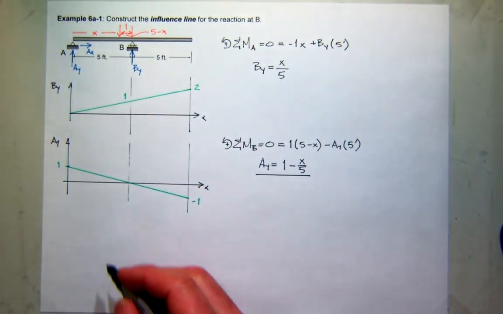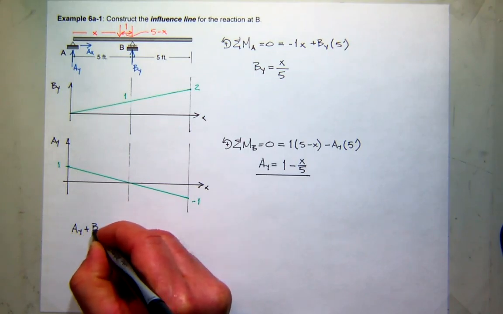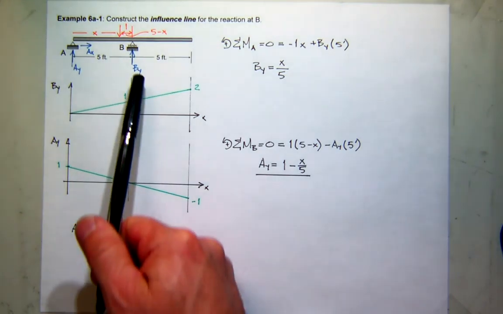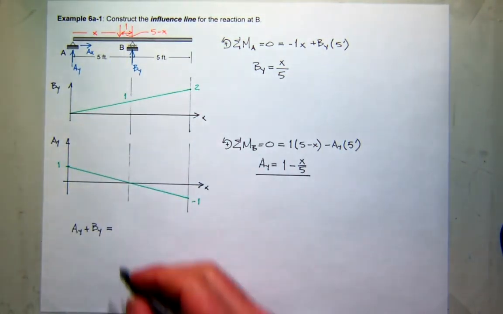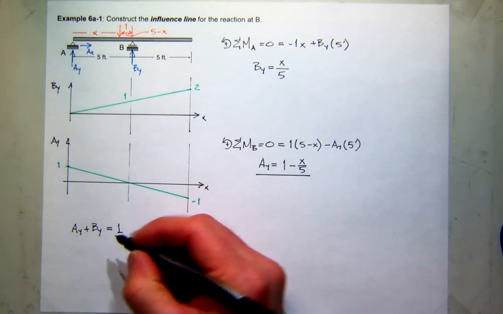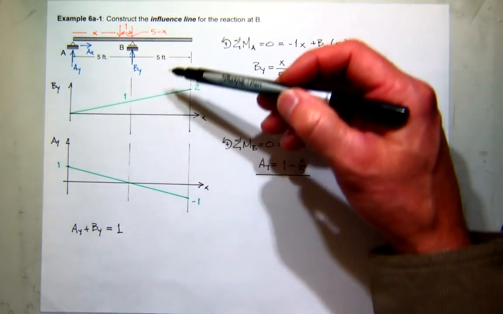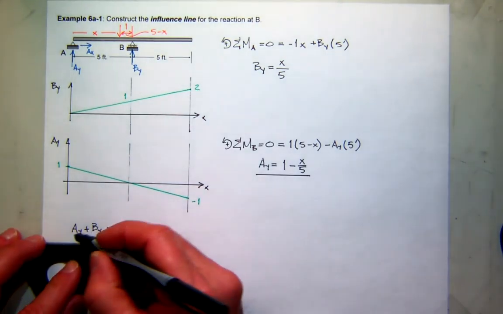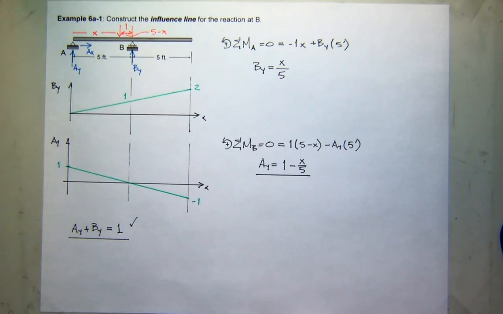Now here's something cool. What is AY plus BY equal to? Well, what does it say they have to be equal to for equilibrium? 1. Are they equal to 1? At every point on these two graphs, if you add them together, what do you get? You get 1. They don't have to be equal to 1.